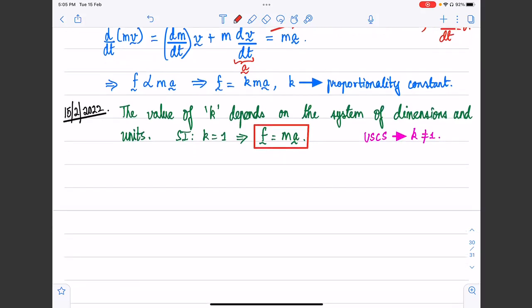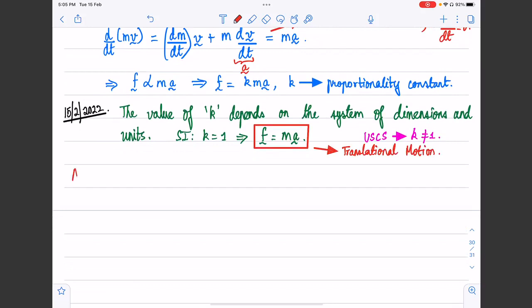So this F equals ma becomes the primary governing equation to capture what is called translational motion of a rigid body.